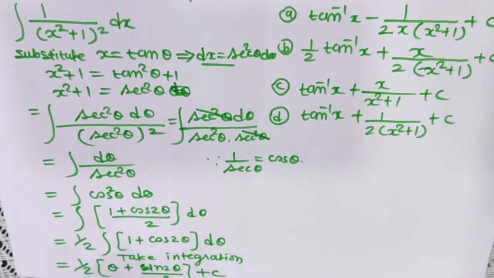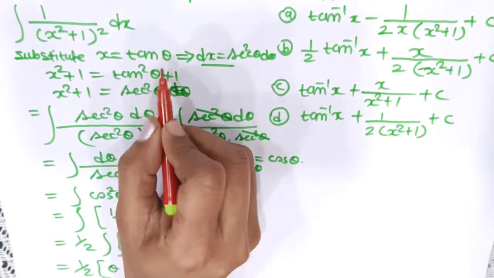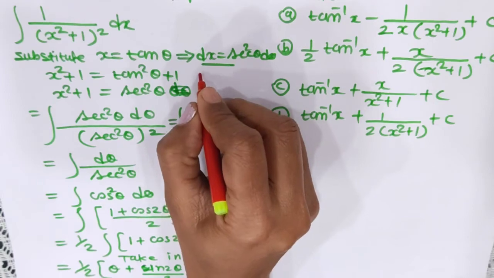Now listen, after integrating we got 1 by 2 times (theta plus sin 2 theta by 2) plus integrating constant. Now we want to resubstitute all the terms. Look at the previous substitution: x equal to tan theta.